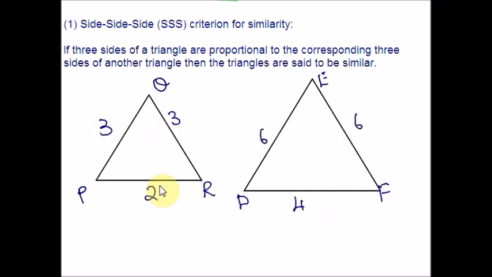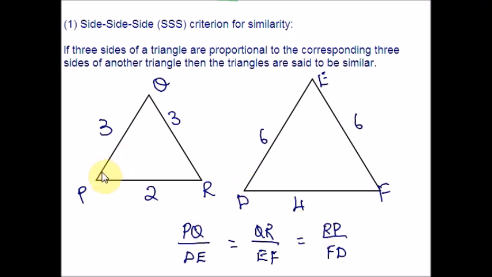It has been multiplied by the factor 2. These sides are proportional. All the three sides, side, side, side. This is called the SSS criterion for similarity.